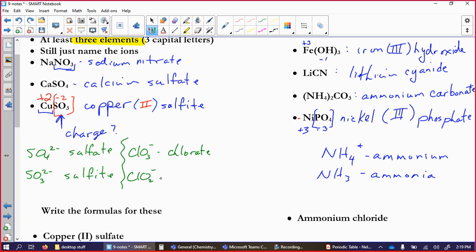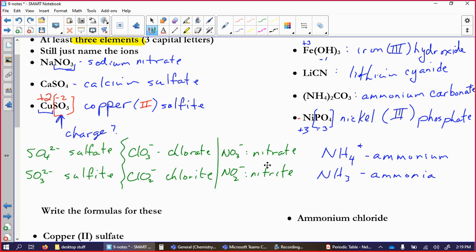This is kind of like the ferrous and ferric, but there's nothing that's changed in this. Chlorate and chlorite. Nitrate and nitrite.